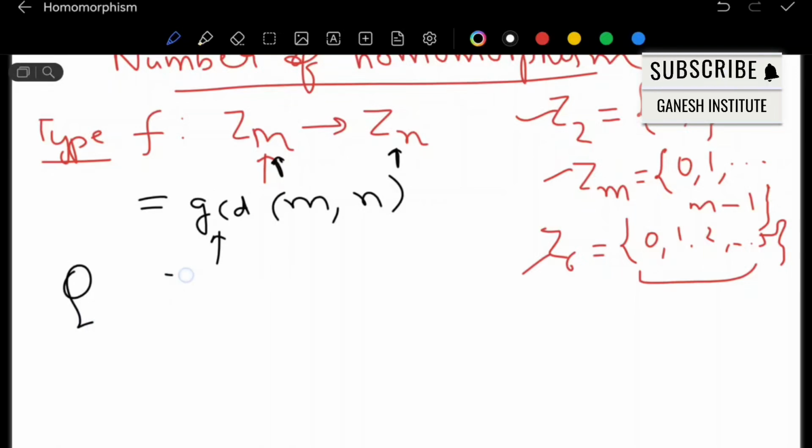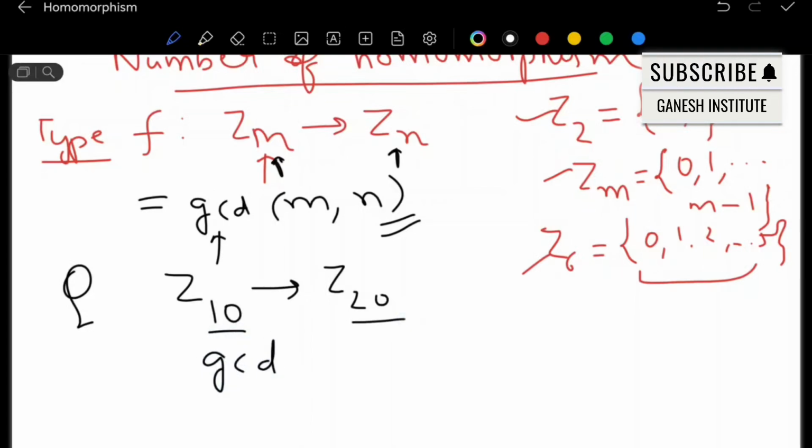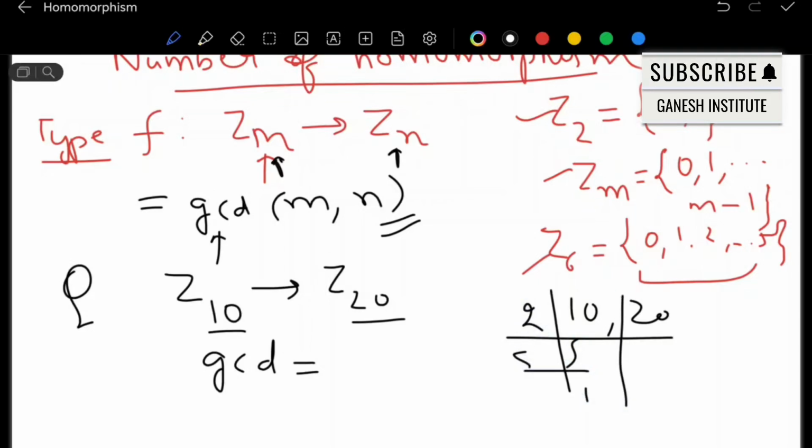For example, let's say you have to find out how many homomorphisms there are from Z10 to Z20. Can you tell me? Apply this formula. Because these are two finite groups, the GCD of 10 and 20 is the answer. It's simply the HCF. So what you can do, find out the factors of 10 and 20 separately. 2 5s are 10, 5 1s are 5, 2 1s are 2; 2 5s are 10, 5 1s are 5.